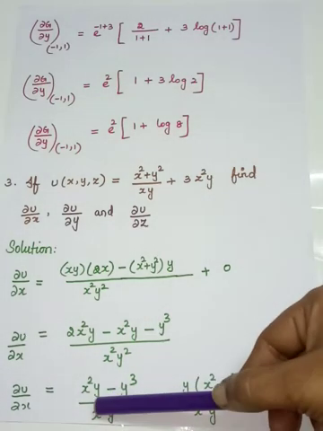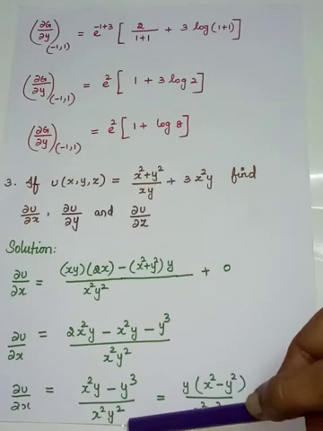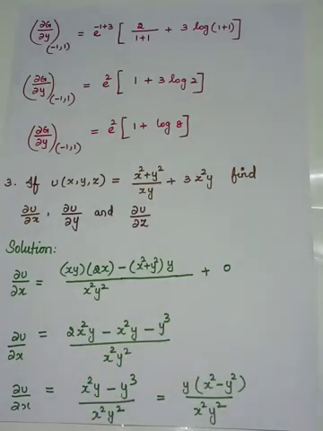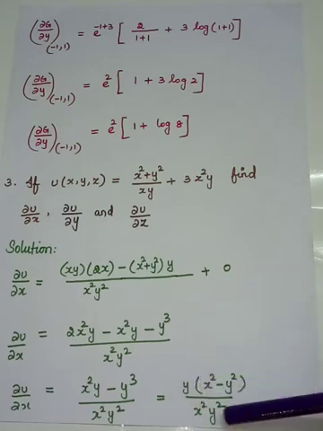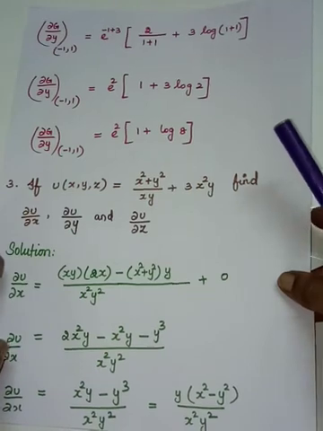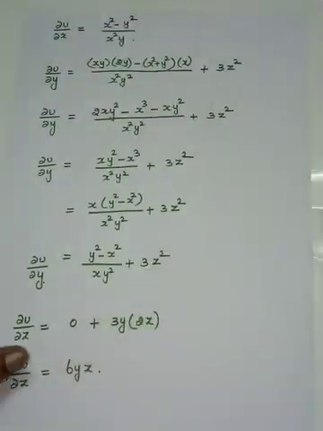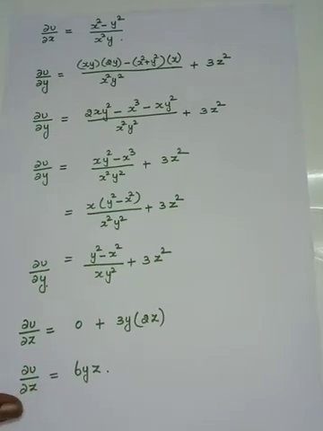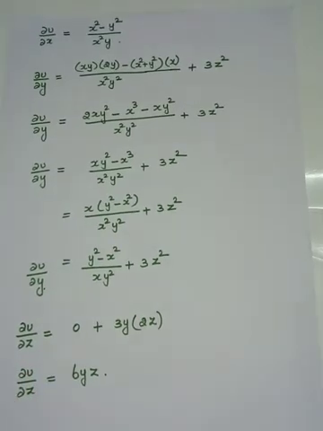When you simplify, it is x squared y minus y cube divided by x squared y squared. So from the numerator, what is common? y. So that y is cancelled with the denominator y squared. So what is remaining? Dou u by dou x is equal to x squared minus y squared divided by x squared y squared. So the first term I have completed.